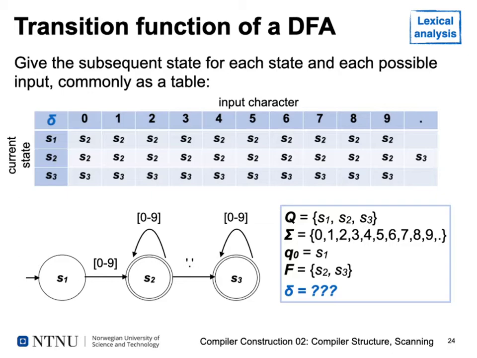So this is a representation of a delta function as just a table of values. And we can usually write it as such a table of values because both the input alphabet and the number of states in our automaton, that's why it's called a finite automaton, is finite, so we don't have any infinite number of elements there. So it's just representable as a simple two-dimensional table here.